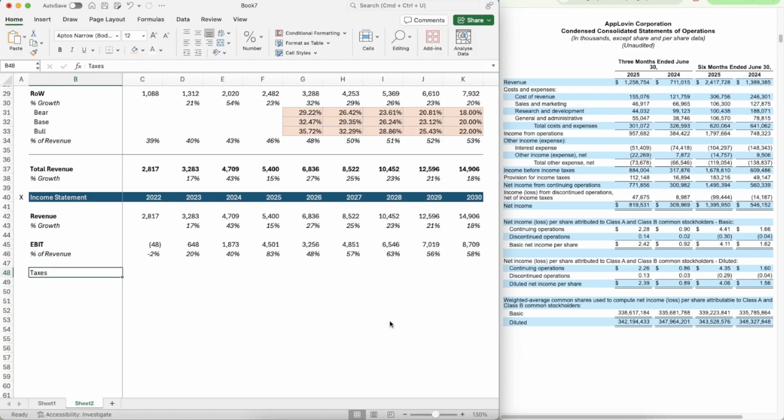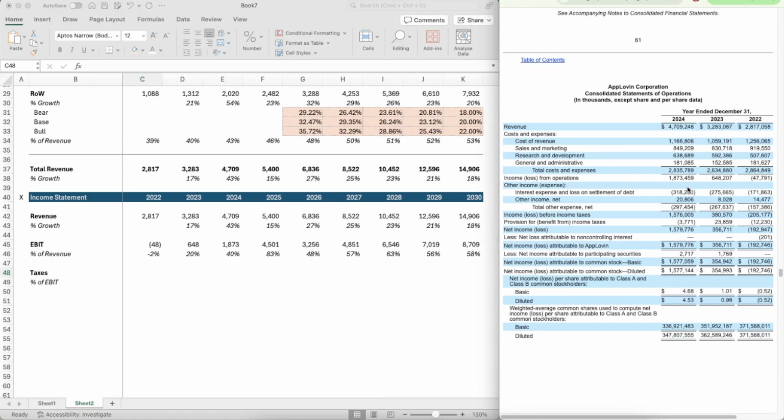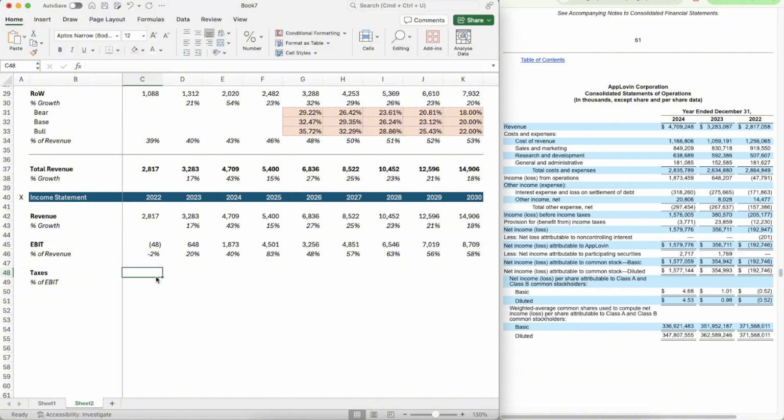When we look at the taxes, we want those as a percentage of EBIT. So they were actually making money from that. Let me just make sure I've got something right.